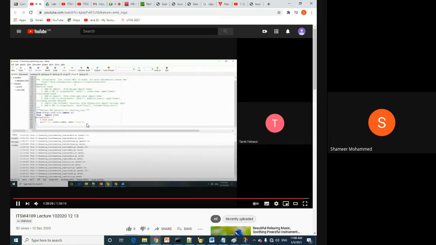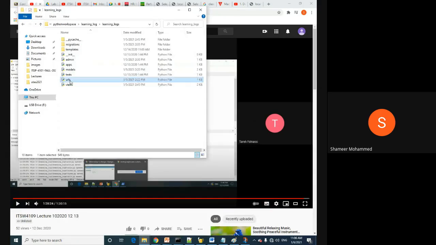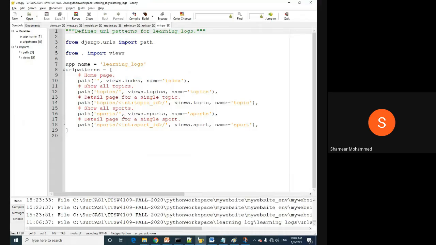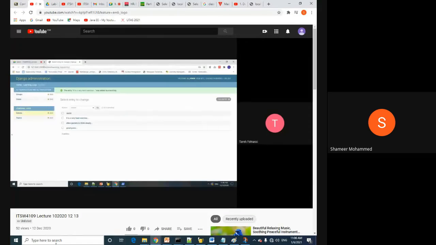See here in the urls.py, when you open the urls.py, which page you want to show, the index page. So you have to write like this. That is what he's showing. After that, you go to localhost 8000.